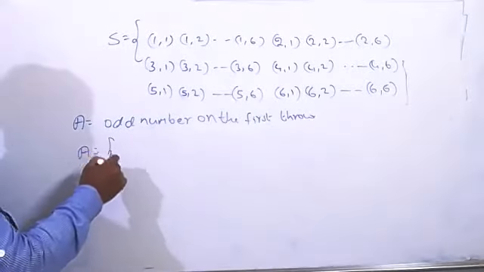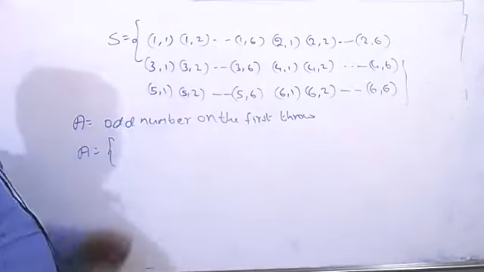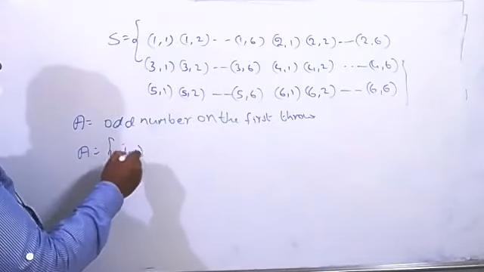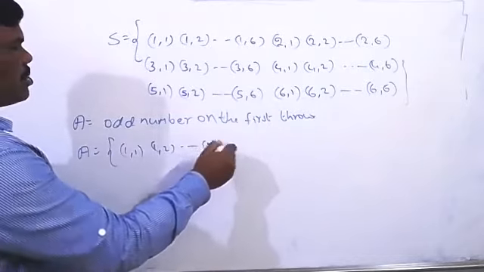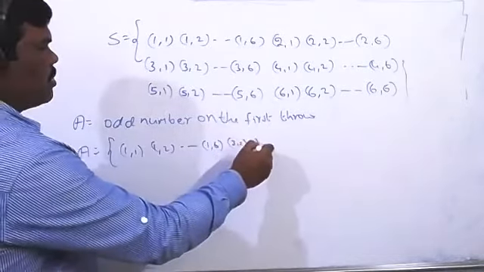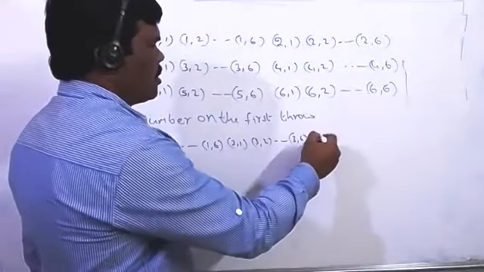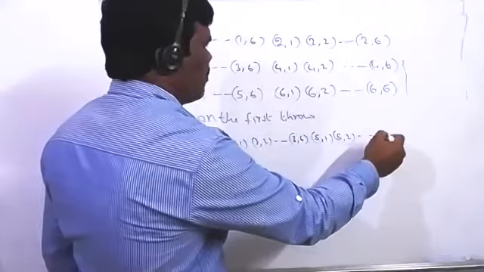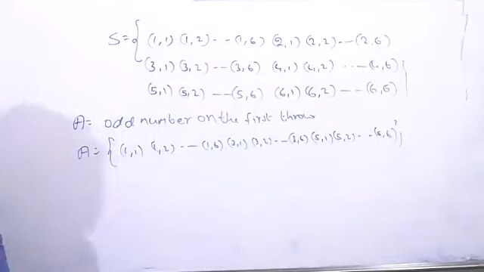I think all these 18 outcomes, because 1, 3, 5 are the odd numbers. So you can write 1 comma 1, 1 comma 2, so on up to 1 comma 6, and 3 comma 1, 3 comma 2, so on up to 3 comma 6, and the same 5 comma 1, 5 comma 2, so on up to 5 comma 6. This is event A.